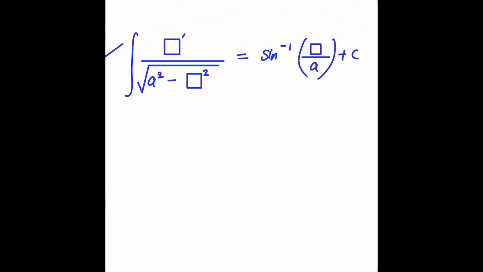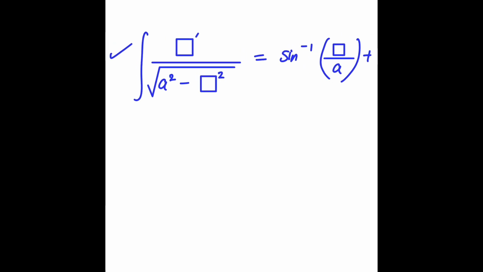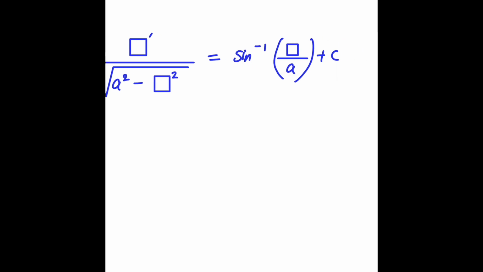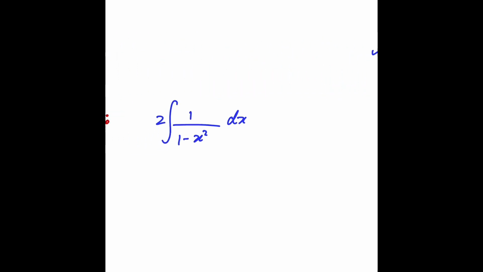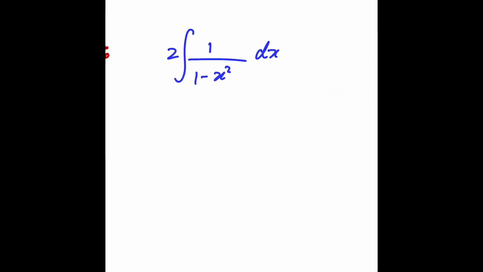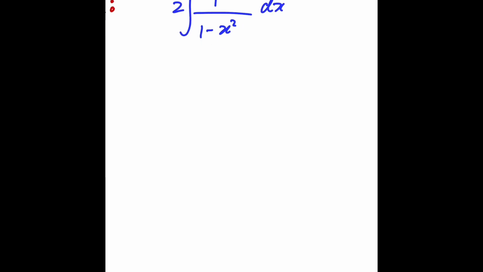So we can see that this is a box and the differentiation of the box, if found in the numerator, can allow us to write our final answer as sine inverse of box divided by a, plus c. So we'll be carrying out this step here to get sine inverse of box divided by a, which is 1, plus c2.